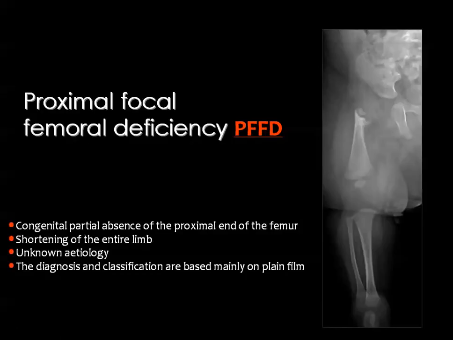Then we came to an issue which is known as the proximal focal femoral deficiency syndrome. From its name, you know that there is some deficiency in the proximal part of the femur, and according to the deficient part, there are some classifications and grading of this disease, which indicates that there is a congenital absence of the proximal part of the femur, whether it includes the head and neck and part of the shaft, or one of the three.